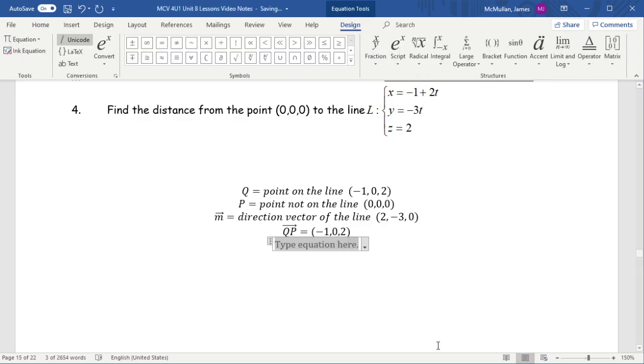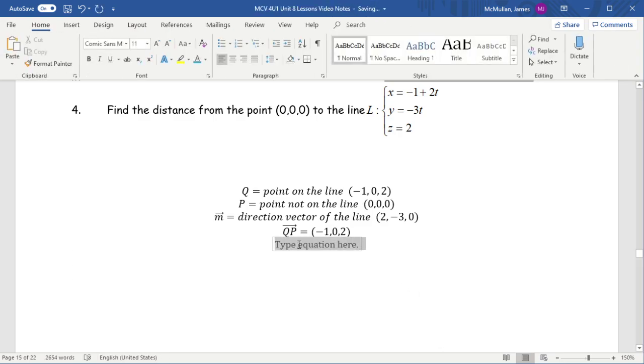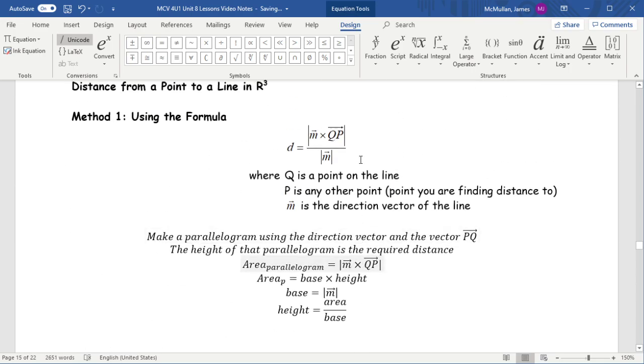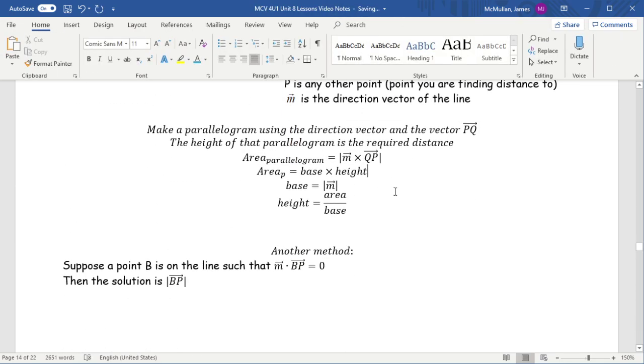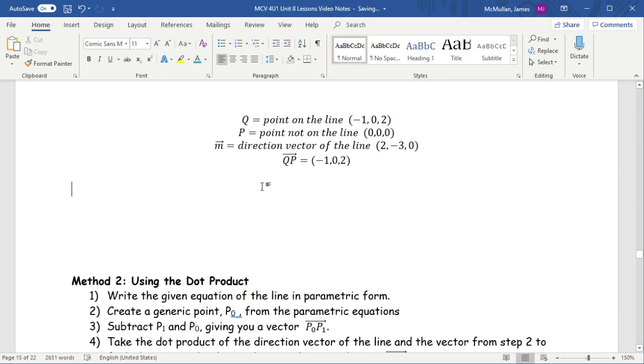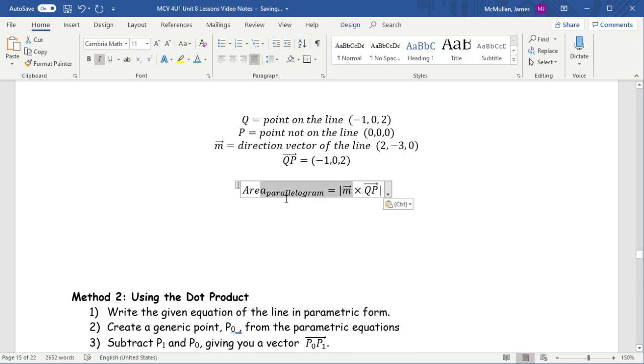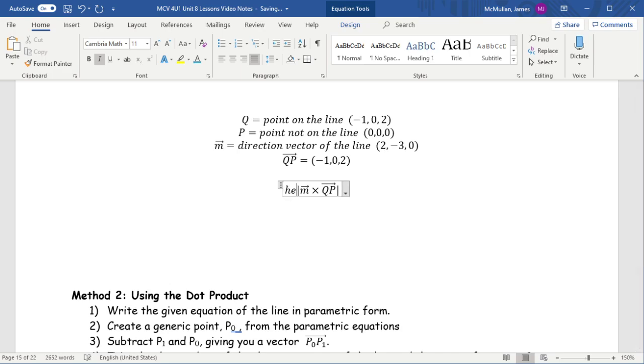Again, the solution is to draw a parallelogram and find its height. The parallelogram is here, so that's the area of the parallelogram. The height, let's say d for distance, would be this divided by length.